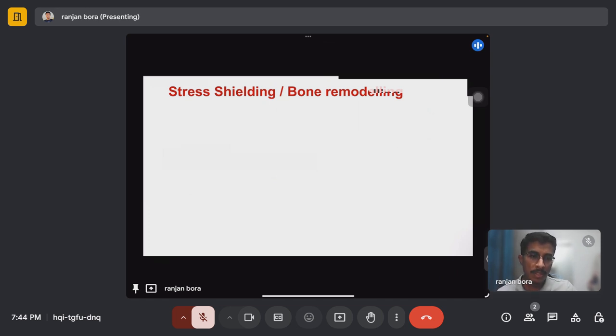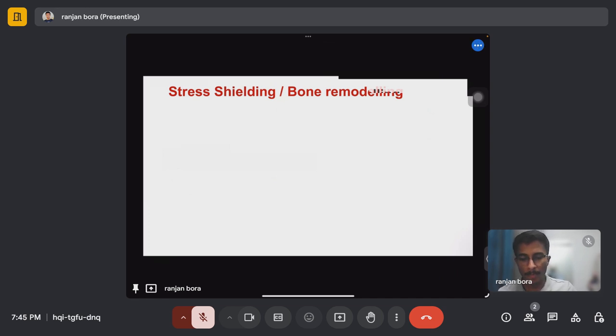Stress shielding means there will be a mismatch in the stiffness properties of implant and bone, and because of that the load will completely be taken by the implant, and the bone surrounding the implant will not take any load. And if the bone doesn't take any load, then there is a phenomenon known as bone resorption.